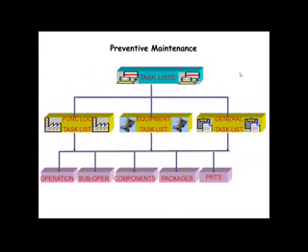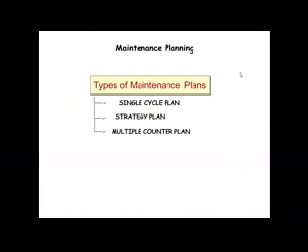Or if it is a counter-based strategy, we might have 500 hours, 1500 hours, 3000 hours. So those are nothing but packages. These packages are assigned to the operations. And it will have PRTs also. PRTs are nothing but production resource tools. The tools are required for doing the maintenance activity. So this is basically called preventive maintenance.